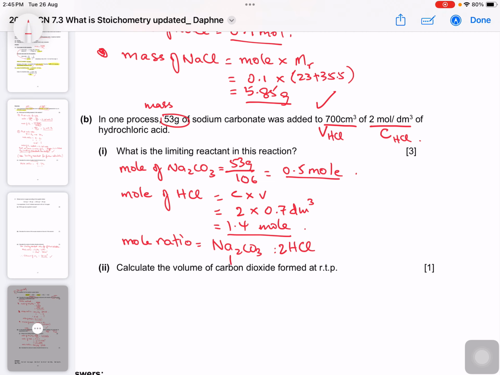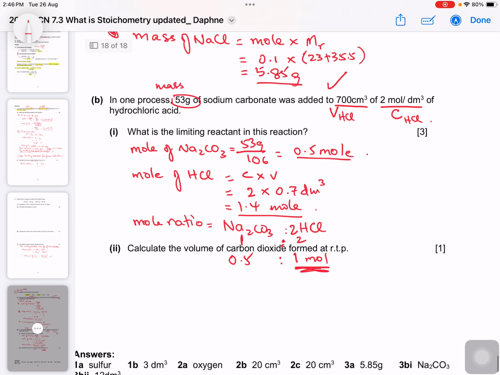So it's actually 1:2, correct? But if we have 0.5 of Na2CO3, then HCl will be 1 mole. We are going to need 1 mole of HCl. But how many moles of HCl do we have at the beginning?